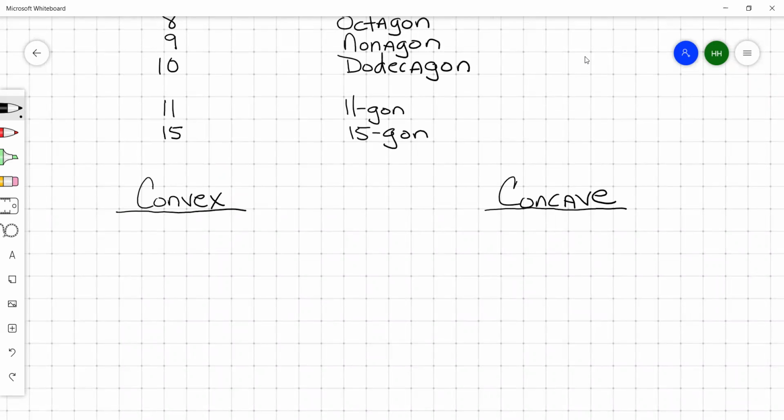So convex, I'm going to draw a few examples of convex polygons. So here's a convex triangle. Convex quadrilateral.